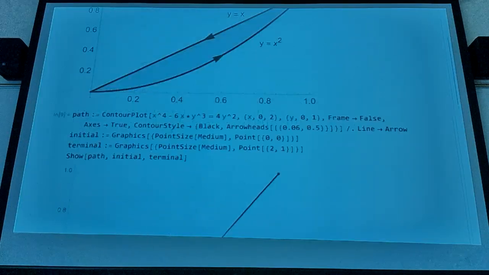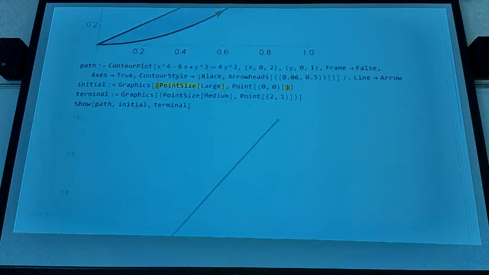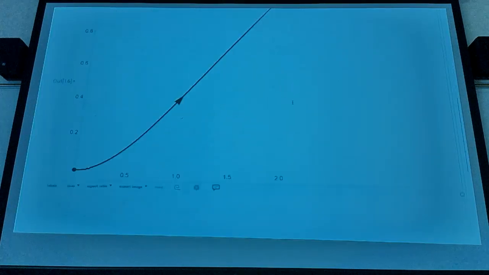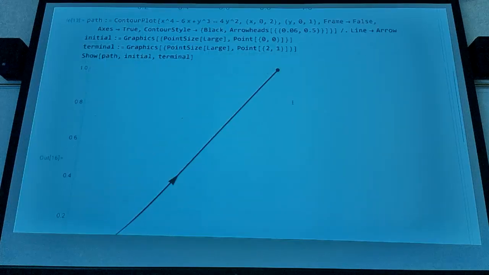Now it's better. So what I did here, same thing for the path, except I used contour plot instead. Notice I defined it as path, and then I defined an initial point and a terminal point.